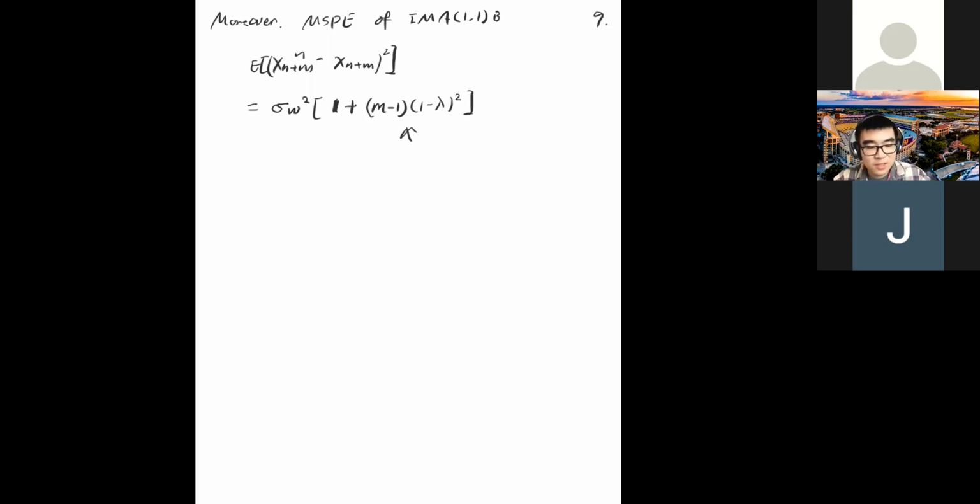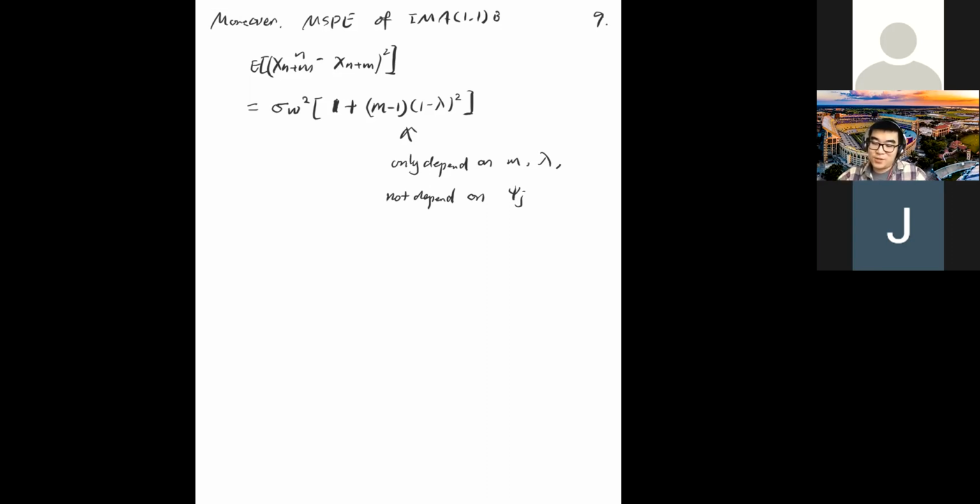And this part is very easy to solve, only depending on m and lambda, not depending on those psi j's. If you are doing an ARMA model, then the MSPE depends on those infinite summations of the psi j's. But here it only depends on m and lambda.